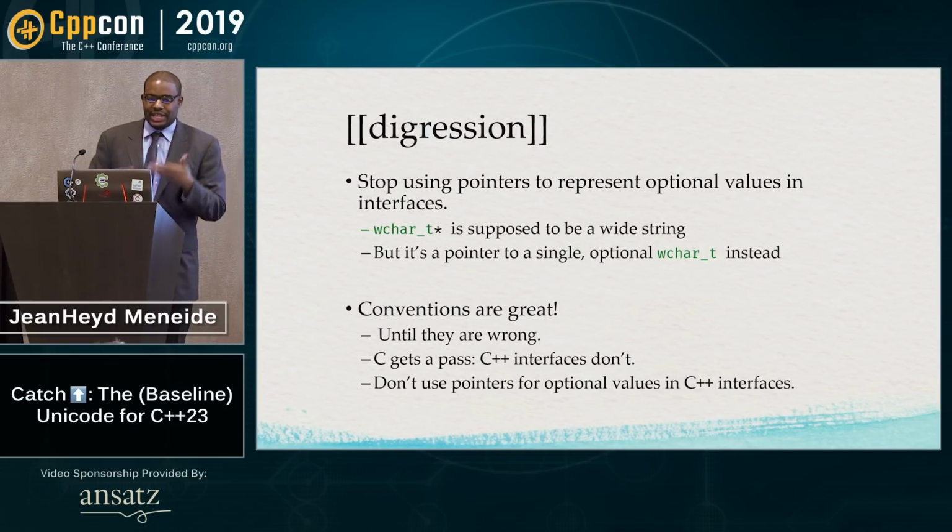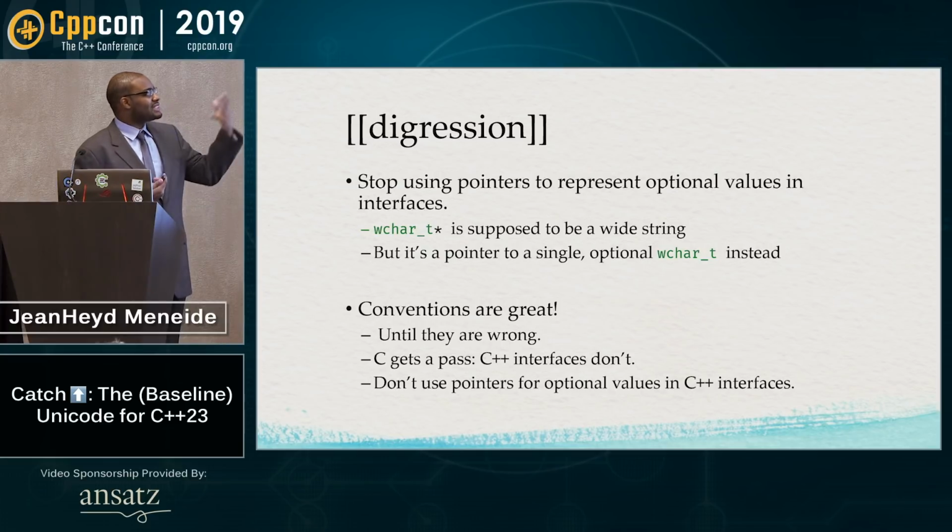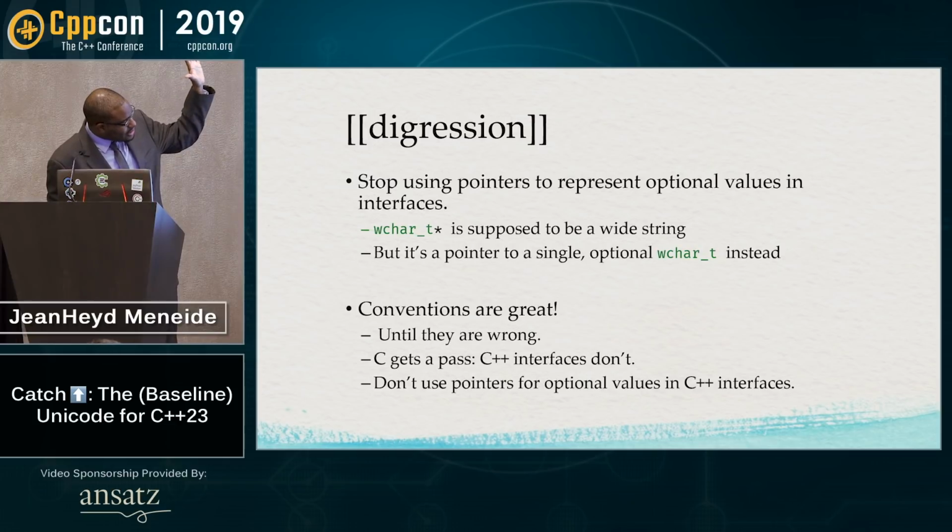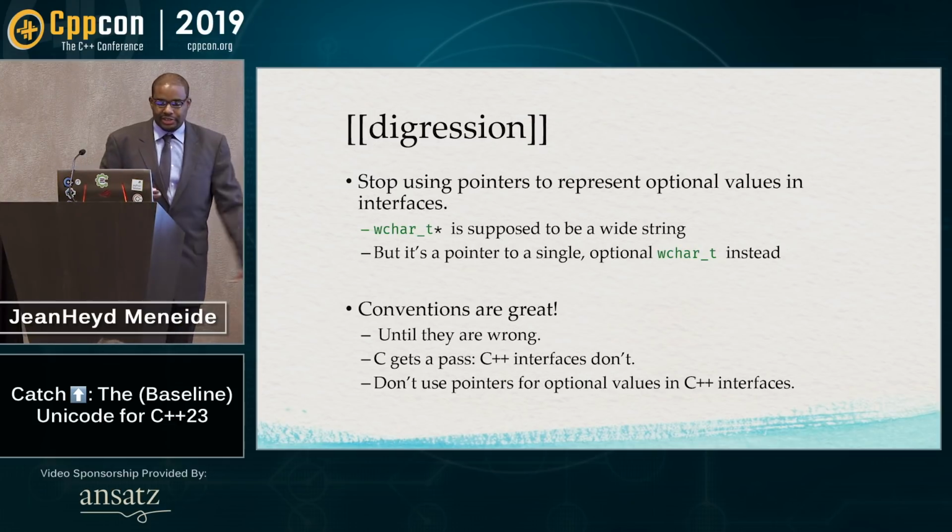Obviously, this is C, so we can't get that nice thing, but there are C++ versions of this that still do the same thing, that still use a pointer to a char type to have an output buffer without any kind of other sizing information. The convention of always having a pointer to a character type being a string or a variable amount of things is nice until it's actually wrong. So just don't use pointers for optional values in C++ interfaces.